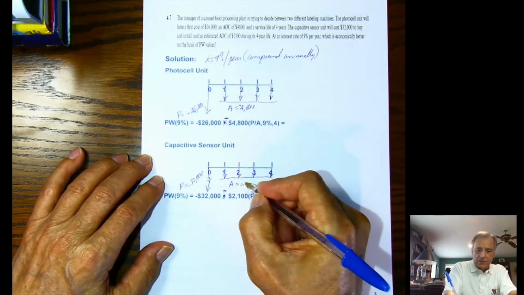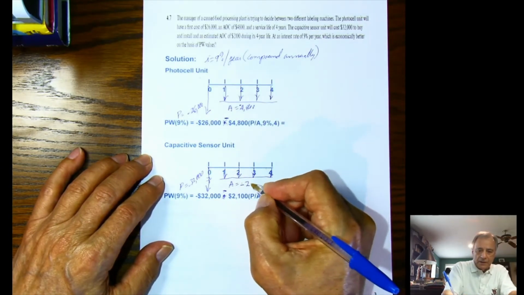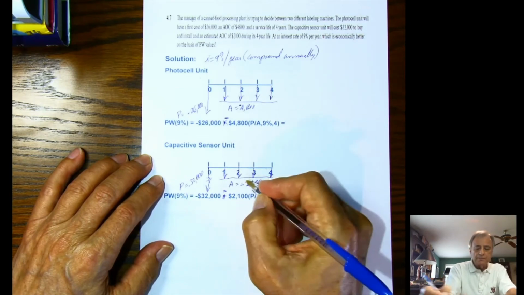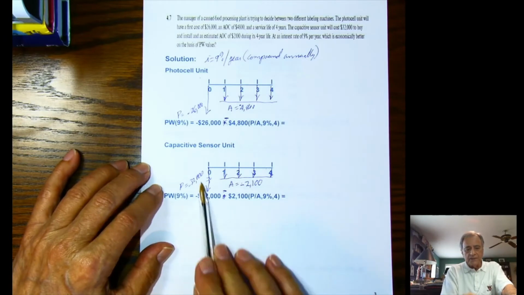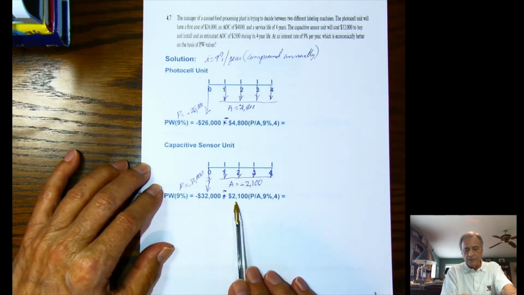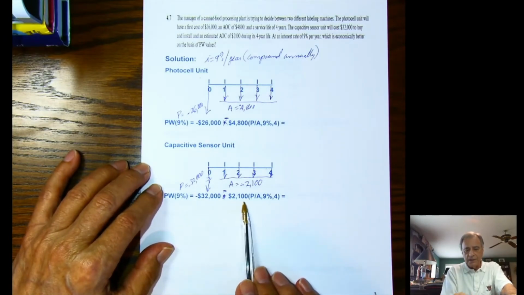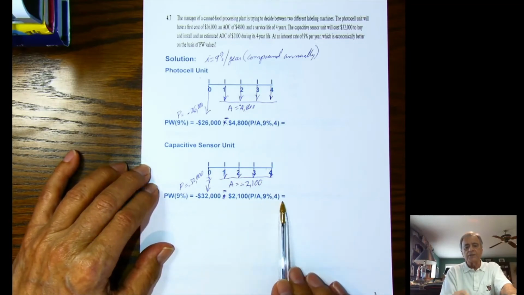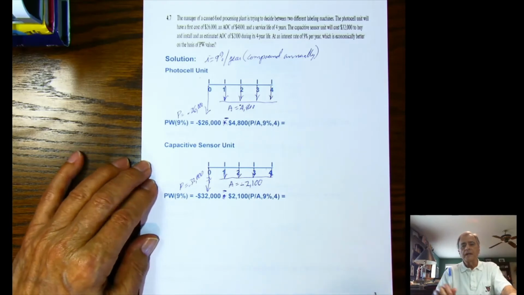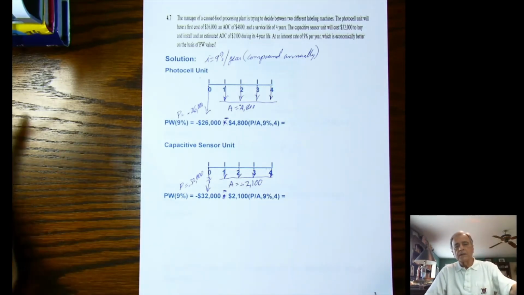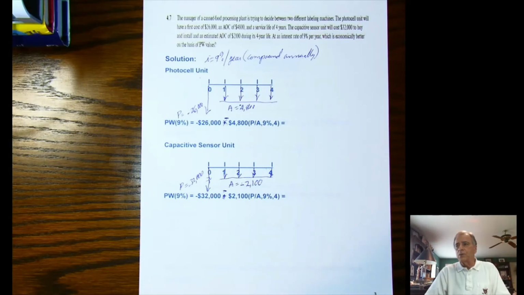That's a minus $2,100. And so we have the present value is minus 32,000, minus 2,100, P given A, 9% for 4 periods. And you can crank those numbers out and come up with a solution in both cases, and pick the one which costs the least.